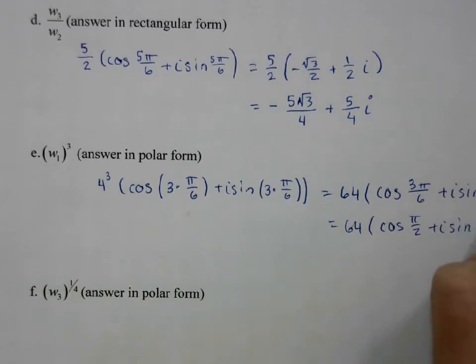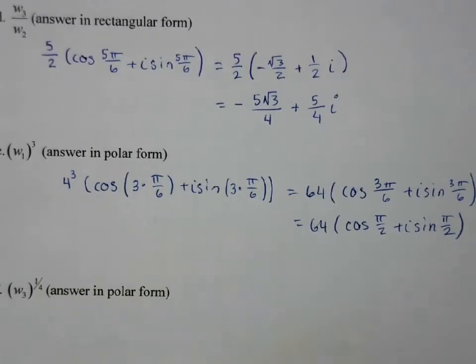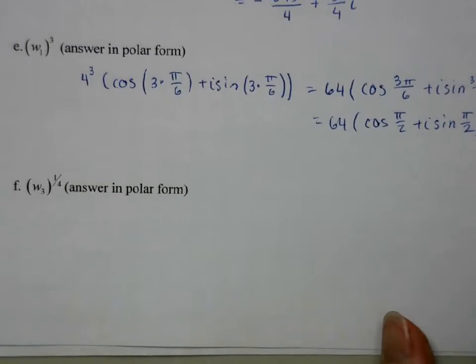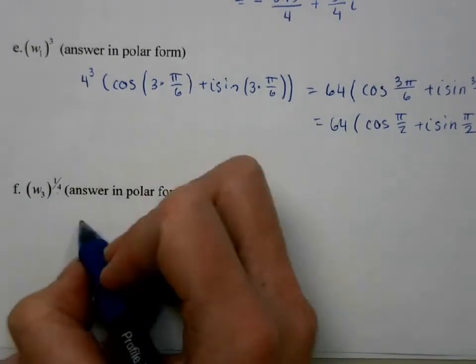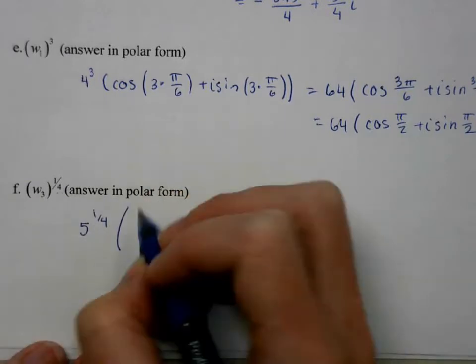The last problem is also a power, but it's a rational exponent, so it's really a root. So we'll have 5 to the 1/4, and then cosine, we're going to multiply the 3 pi over 2 times 1/4.